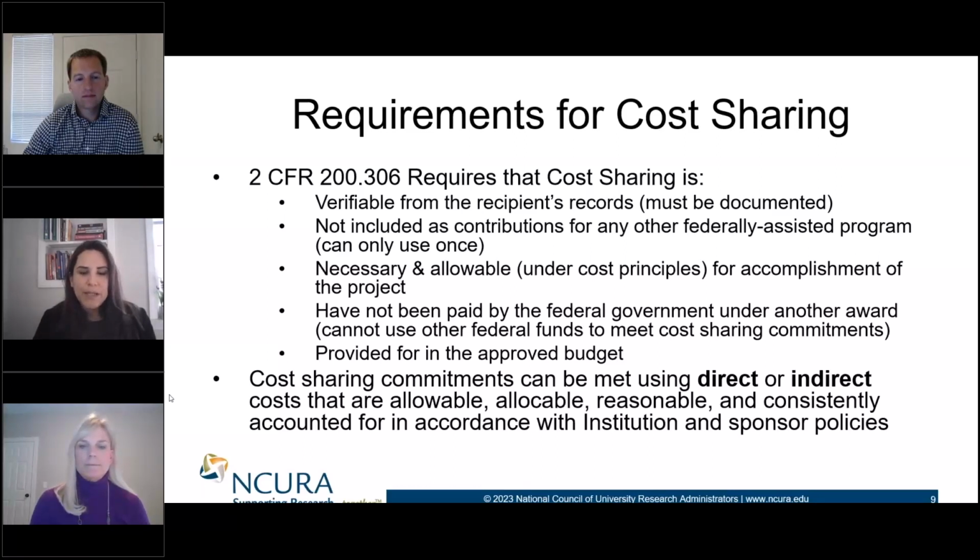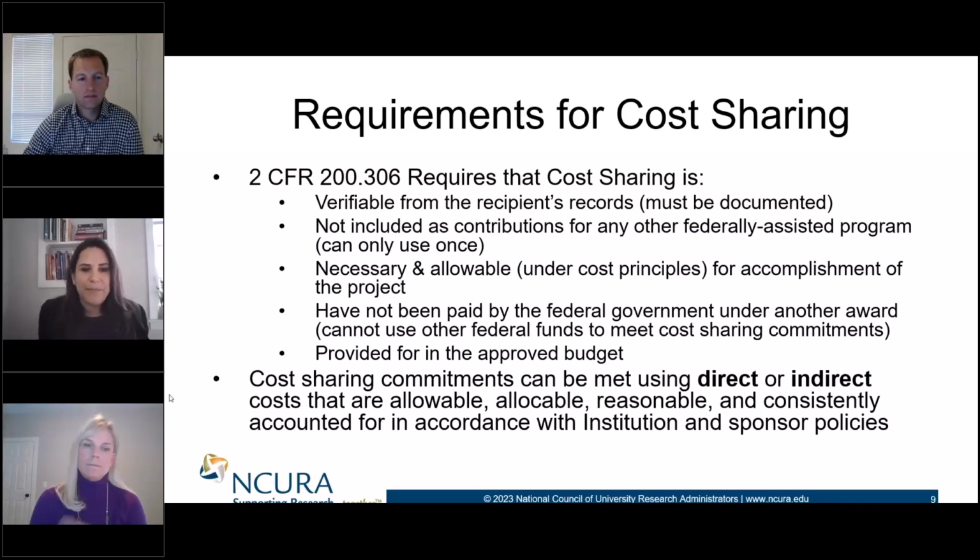The third bullet here is that it has to be necessary and allowable under cost principles. So if you're going to count a cost share expenditure towards a federal project, then it has to be allowable, or what the federal government would reimburse you for on their own. And so it's critical to perform the cost allowability analysis on cost share expenses as well.